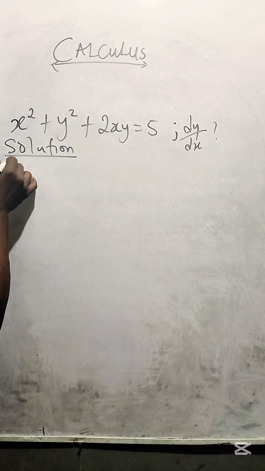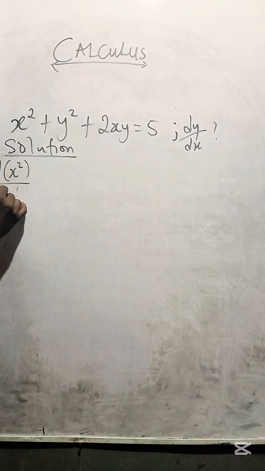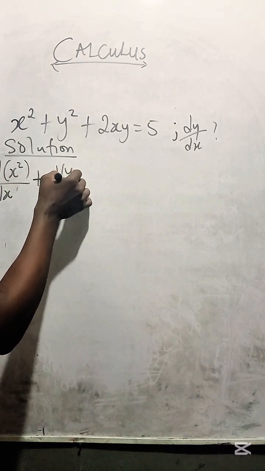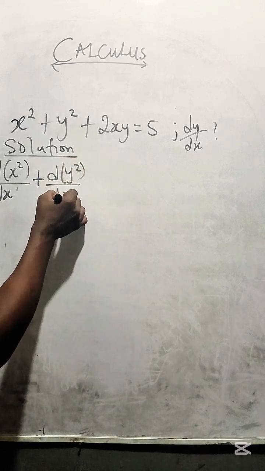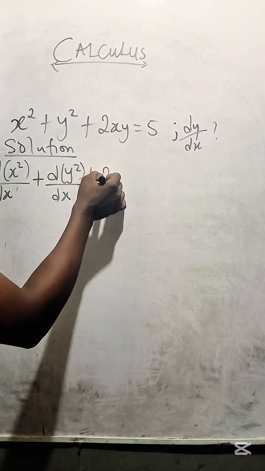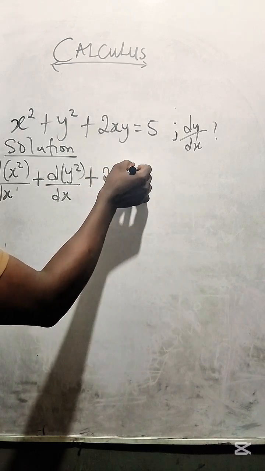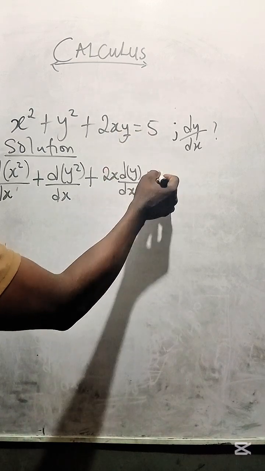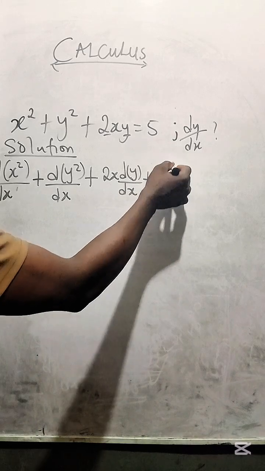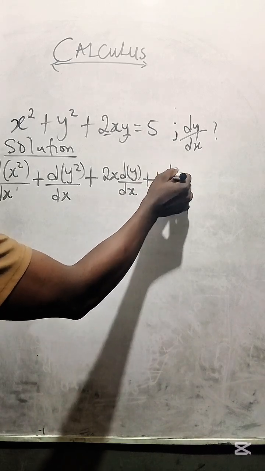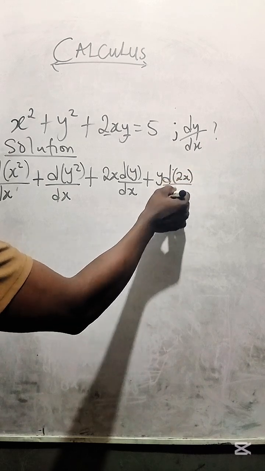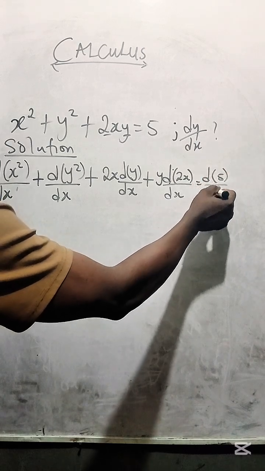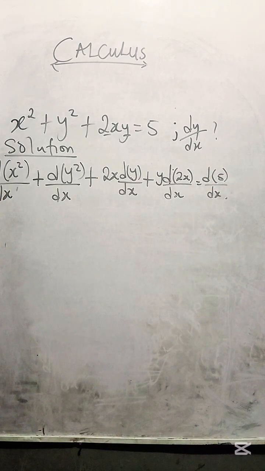First, you say d x squared with respect to x, so we are differentiating x with respect to x, plus d y squared with respect to x, plus keep 2x constant, differentiate y with respect to x, plus keep y constant, differentiate 2x with respect to x, then equal to d5 with respect to x. So this is what you do for each term.